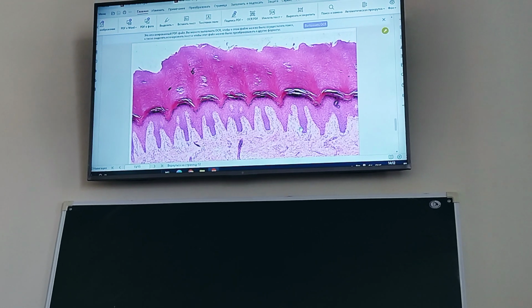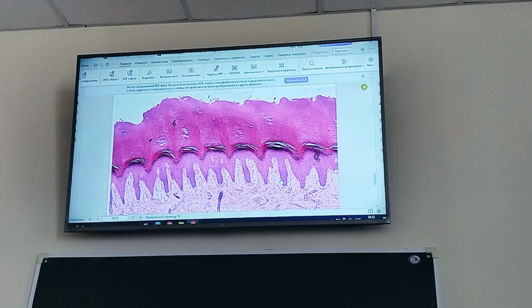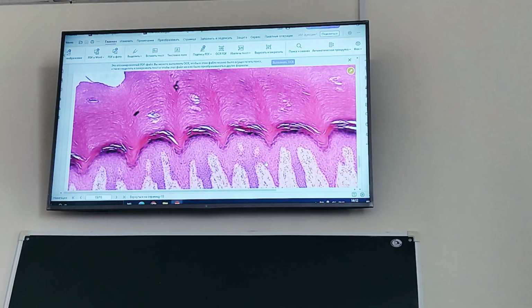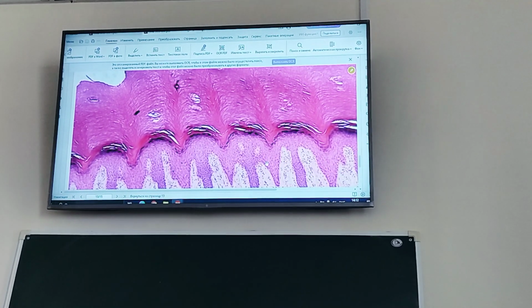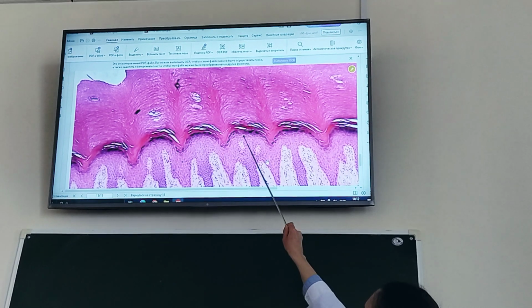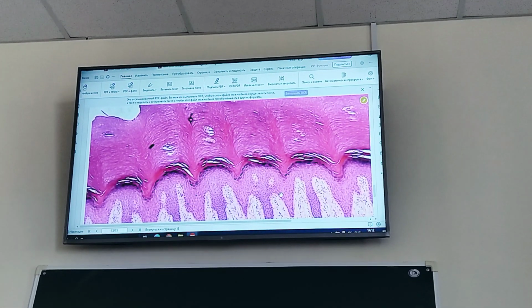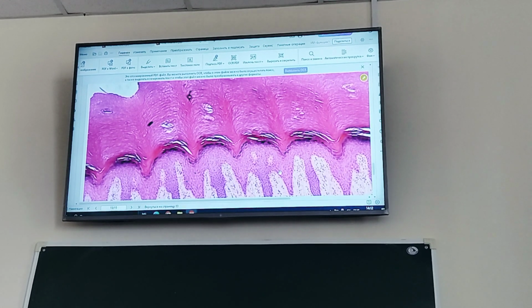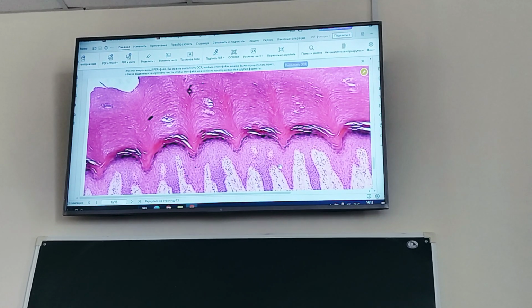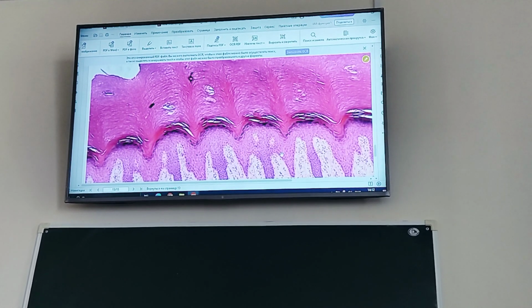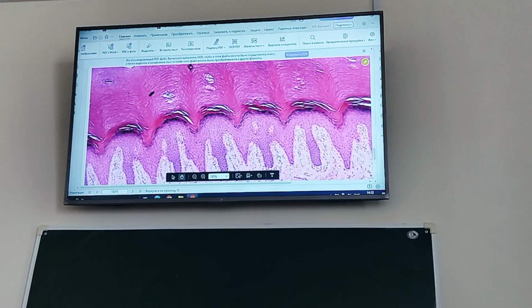And the most distinguishable layer, number 3, the granular layer: dark violet, basophilic, accumulating keratohyalin granules. This will be enough for description and identification.